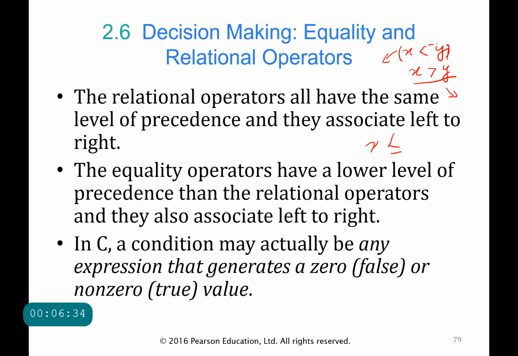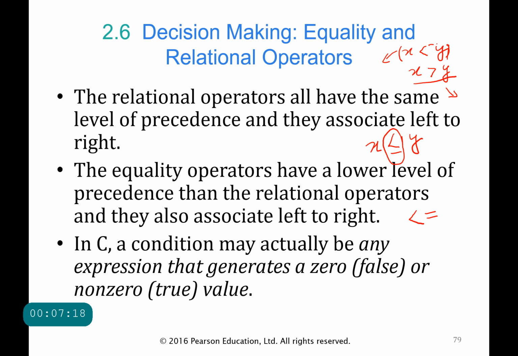If x is less than or equal to y, then this relational operator will return a true value. In C syntax, less than or equal to is written as less than followed by an equal to sign. It's slightly different from the way we normally write these relations in maths, using the less than or equal to sign. But in C, we have to write this as less than followed by an equal to.